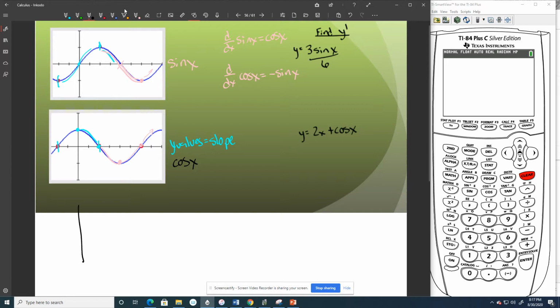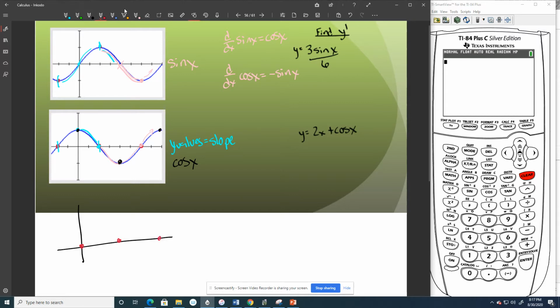If I were to do this again, if I took the derivative of cosine and I looked at where does it max out? Well, it maxes out here. Now I'm looking at my cosine shape, and at those points, I'm going to end up with zeros with my super straight graph right here.